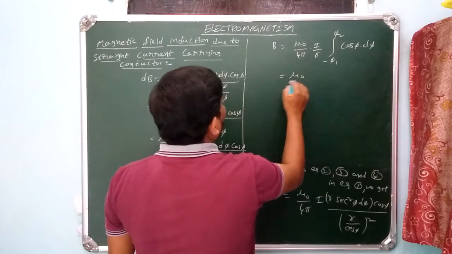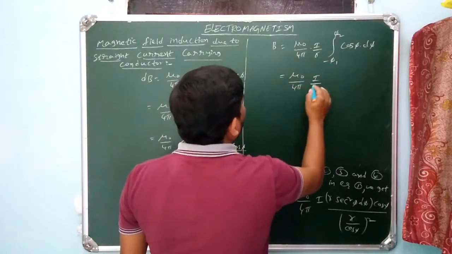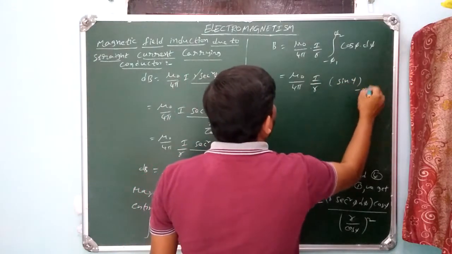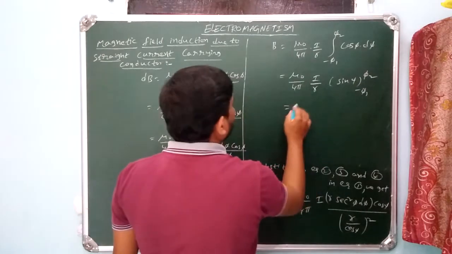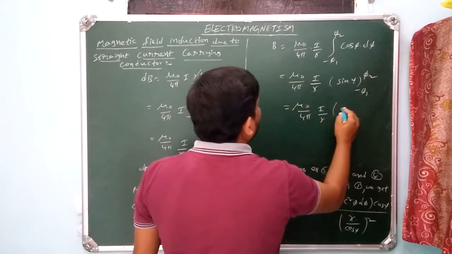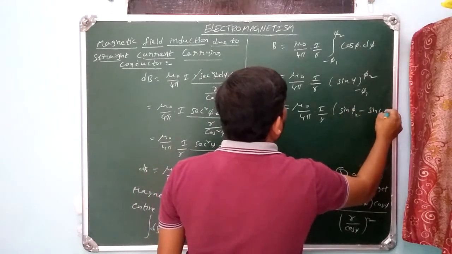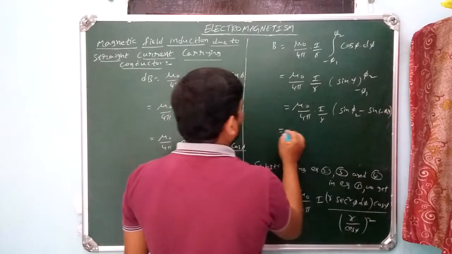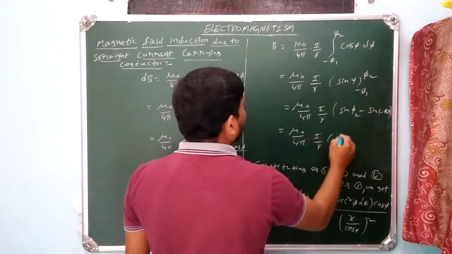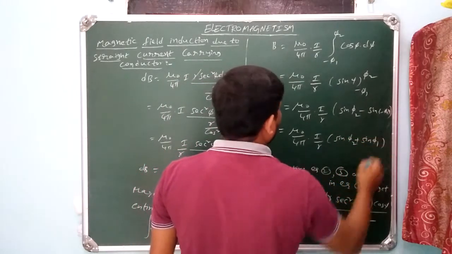That is equal to mu naught by 4 pi into I by R, integration of cos phi means sin phi, limits are minus phi 1 to phi 2. Now substituting the limits, mu naught by 4 pi into I by R into sin phi 2 minus sin of minus phi 1. Therefore that is equal to mu naught by 4 pi into I by R into sin phi 2 minus into minus, plus sin phi 1.